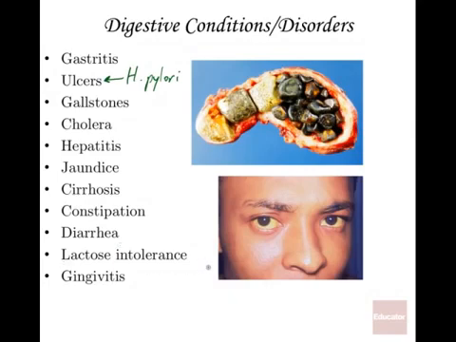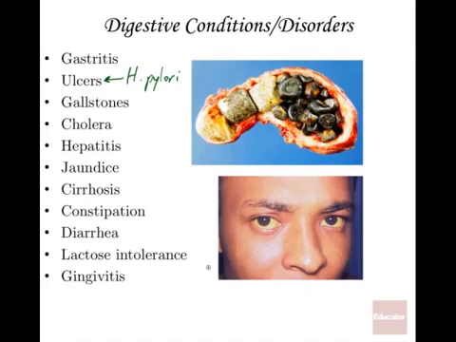Lactose intolerance. There are genetic links to lactose intolerance where the amount of lactase, the enzyme that breaks down lactose in dairy products, is just not as high in certain people as it is in others. I have no problem digesting lactose. I can eat a lot of cheese or ice cream and I feel fine. I don't notice any negative effects when I go to the bathroom, but some people do.